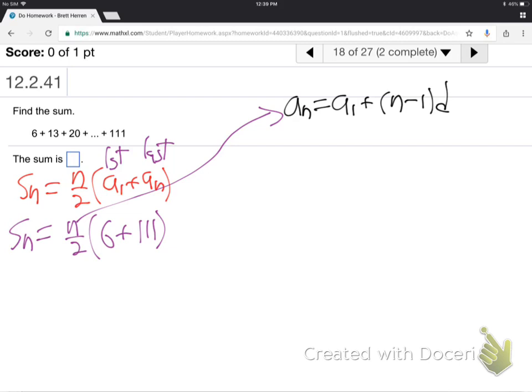We're going to find a sub n. So distribute that 7.